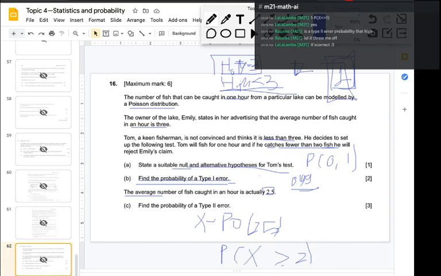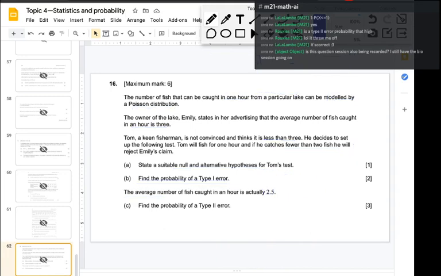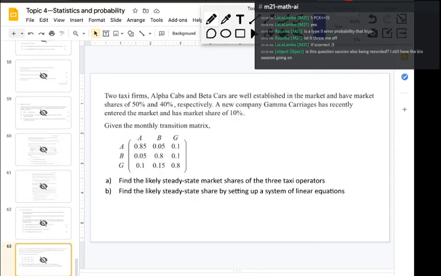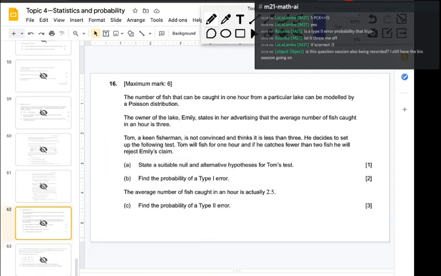Yeah, it's kind of weird, but Poisson distributions type 1 and type 2 work differently from the usual normal distribution stuff. Ah, I see.